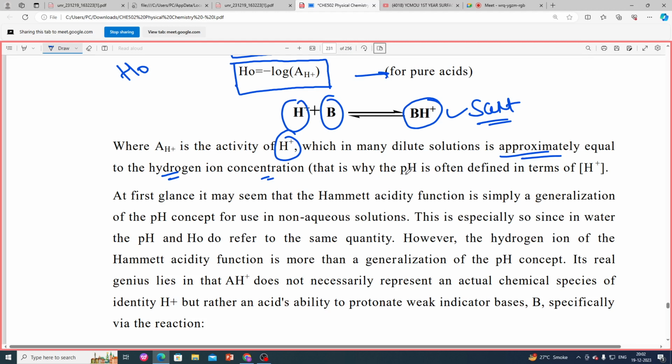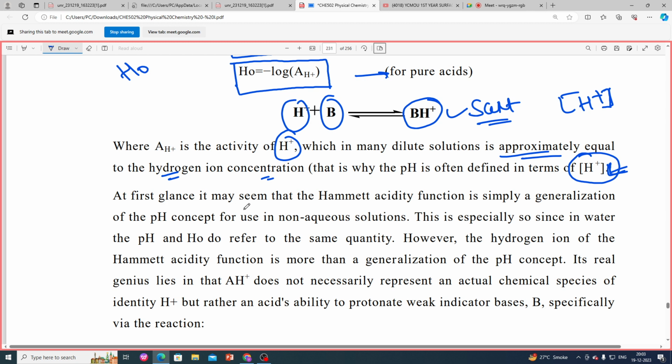That is why pH is often defined in terms of concentration. So what is the definition of pH? Anyone can tell me the definition of pH? The concentration of H+ ions present in the solution is called the pH of that particular solution. So in the definition of pH, it is the concentration of H+ ions.